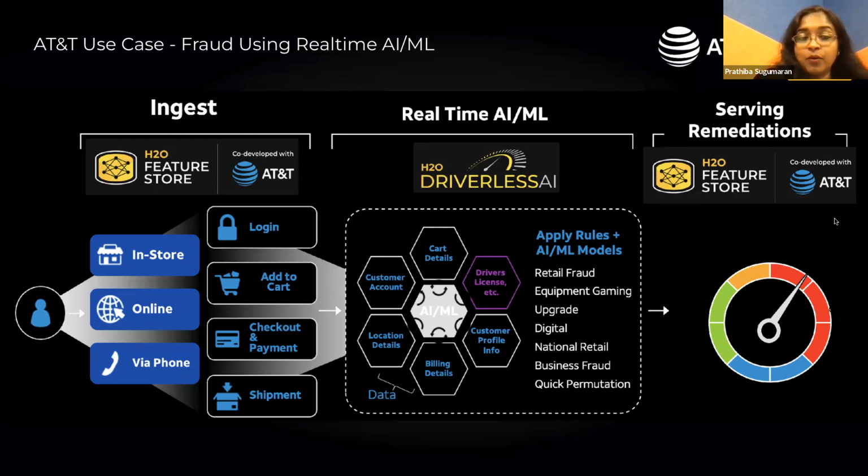So this is where we are, in fact, curating the data and creating those features and bringing that into H2O Feature Store, and also making it available across all the different data scientist communities within the team, so they can leverage what's already been built. And then once the features are readily available, we leverage H2O Driverless AI to build the model, to create and fine tune the features, and again, re-ingest that into Feature Store.